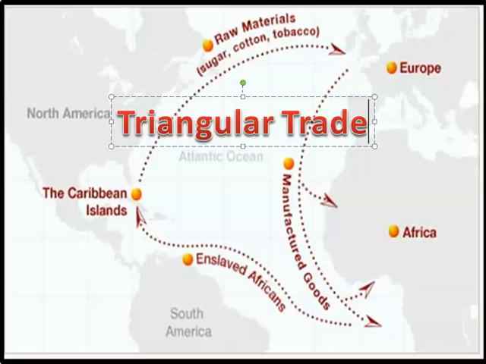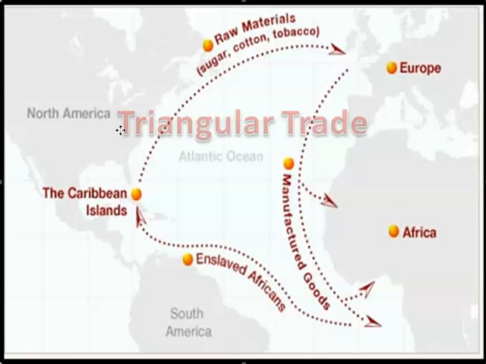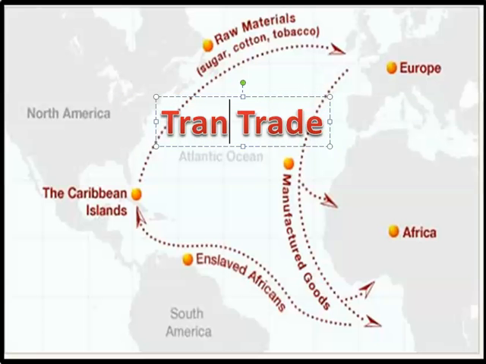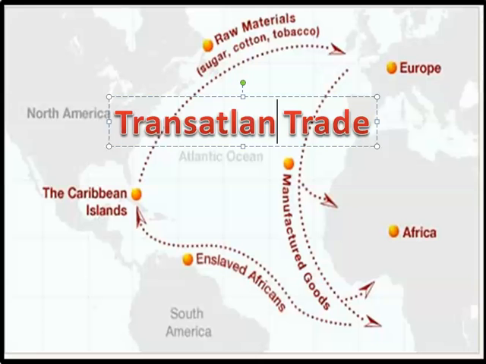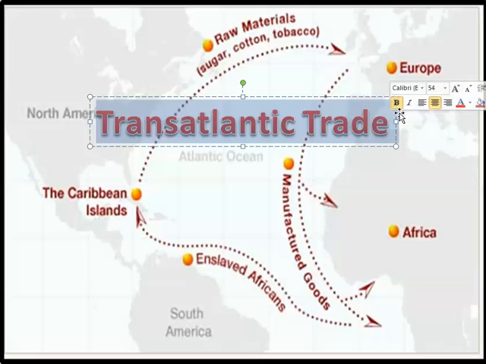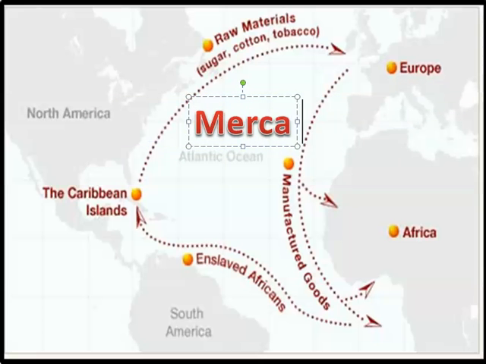Okay, we could do that, but because it's across the Atlantic Ocean, we could also label it transatlantic trade. At the same time, though, transatlantic trade and triangular trade had to do with this overall economic system. So we could even title this map Mercantilism.